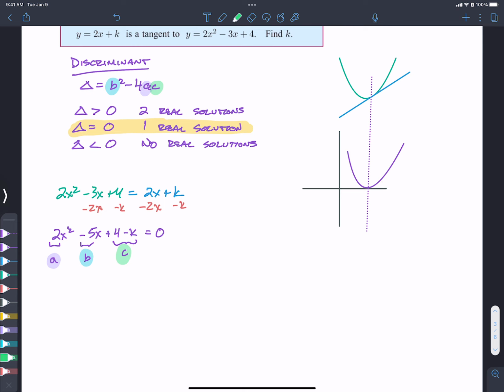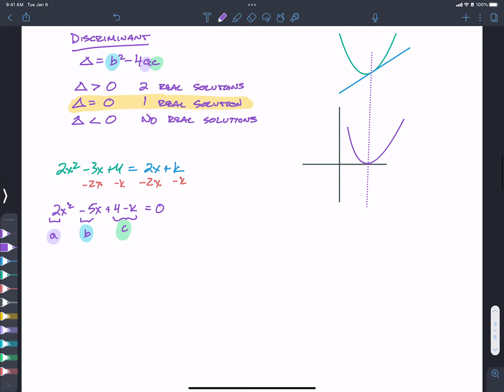So let's drop those things back in. Where it says b squared, that's going to be negative 5 squared minus 4 times a, which is 2, times c, 4 minus k, and we want this to equal 0 because we want there to be one solution again.